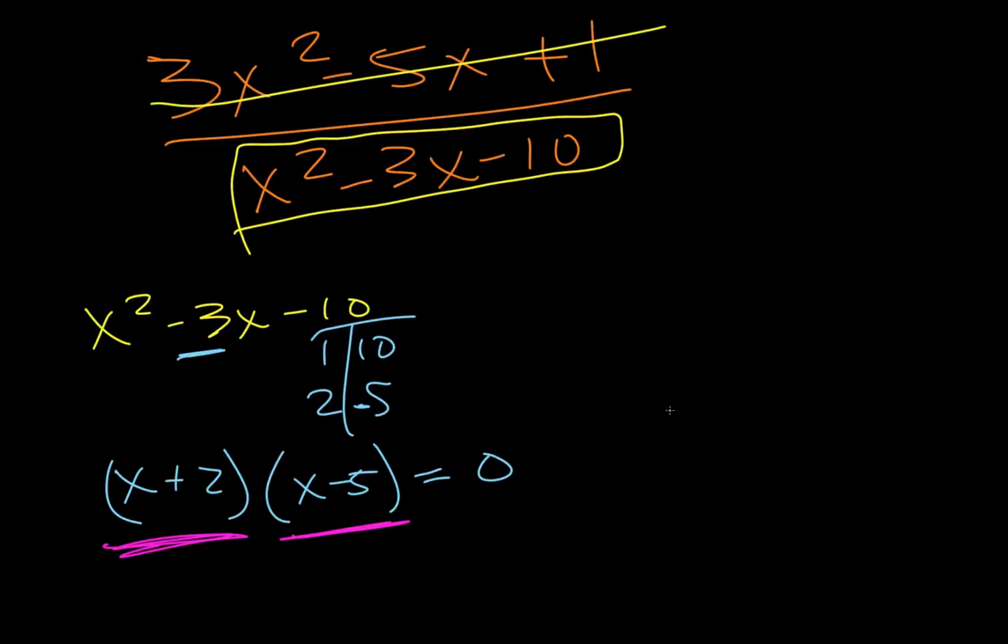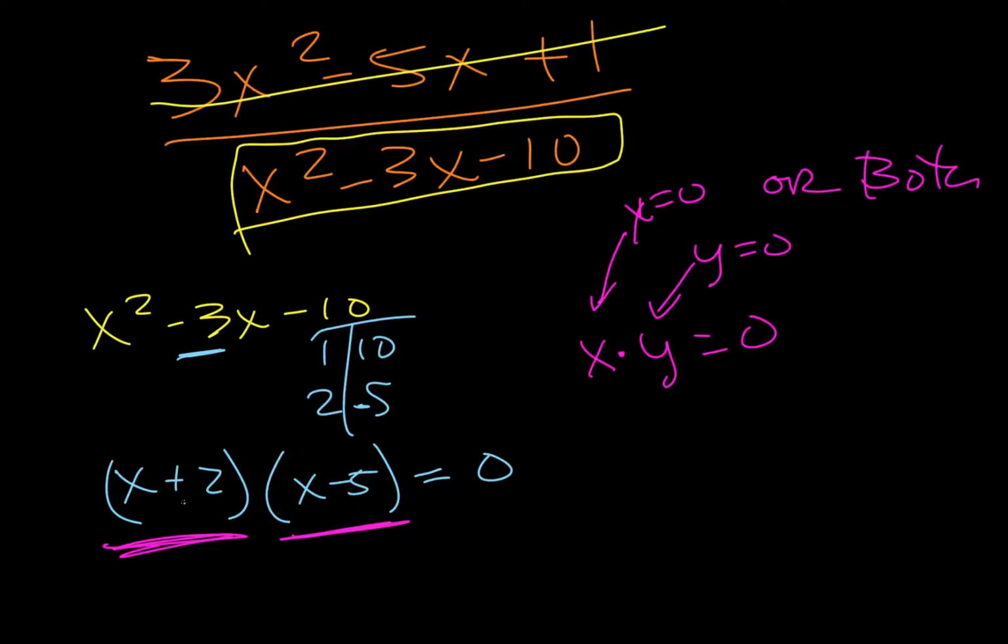It's actually called the zero product property, and it's the idea that if we have x times y equals 0, we know that either x equals 0, or y equals 0, or both equal 0. So we're going to just try out each case. So we're going to say x plus 2 equals 0, and x minus 5 equals 0.